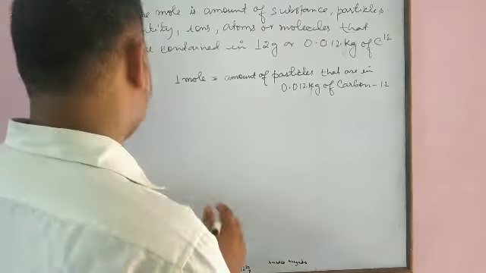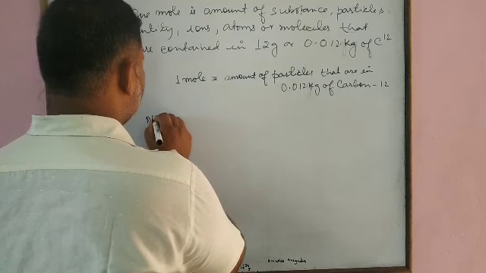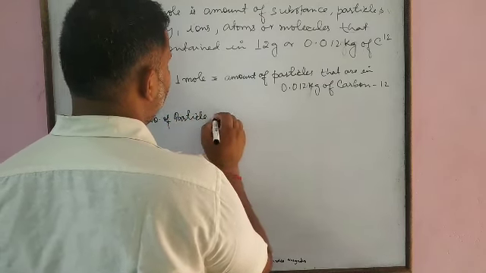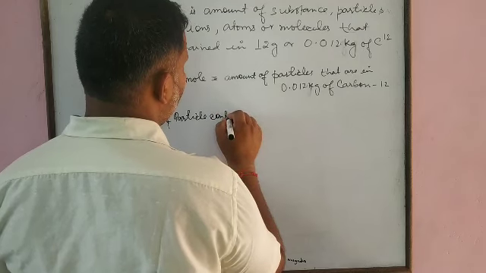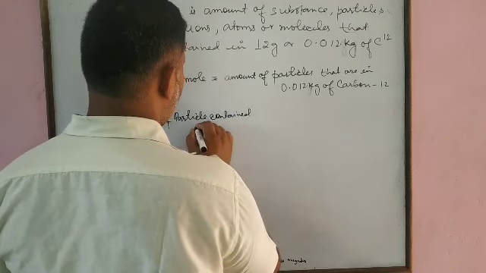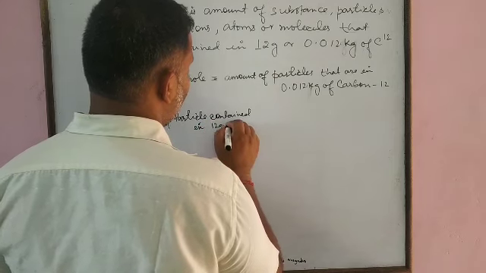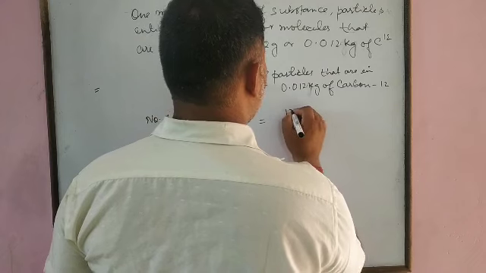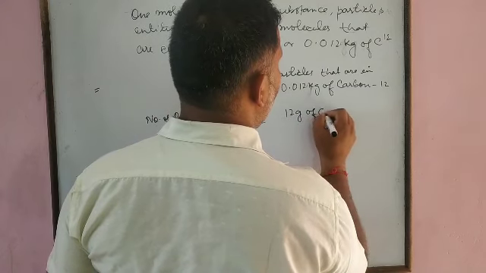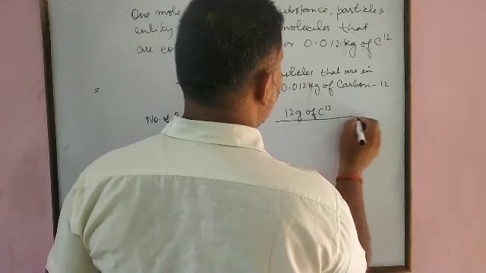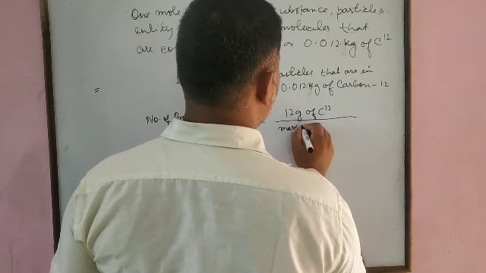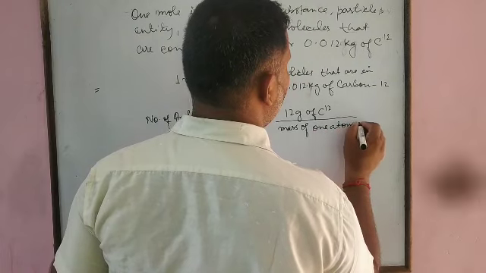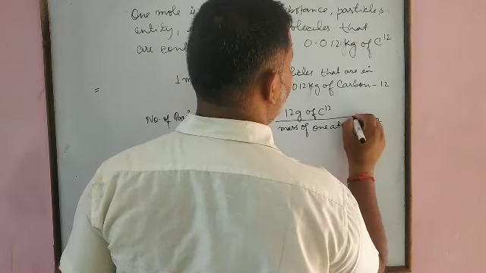Let us do it. Number of particles contained in 12 gram of carbon 12 is equal to 12 gram of carbon 12 divided by the mass of one atom of carbon 12.